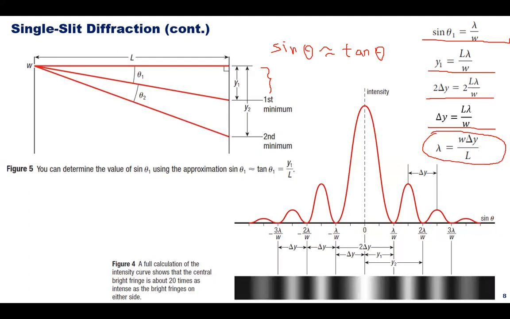In particular, a longer wavelength or a smaller width produces a larger value of delta y and a wider diffraction pattern. So figure 5 also shows the angles for the single-slit diffraction pattern. By determining the angle and distance from the screen, you can calculate the distances between fringes.